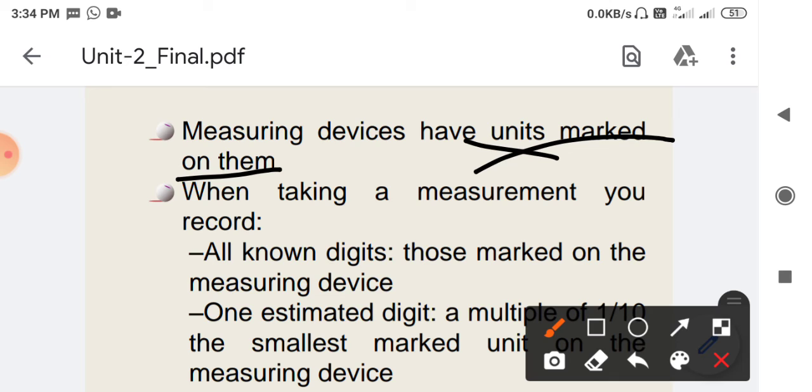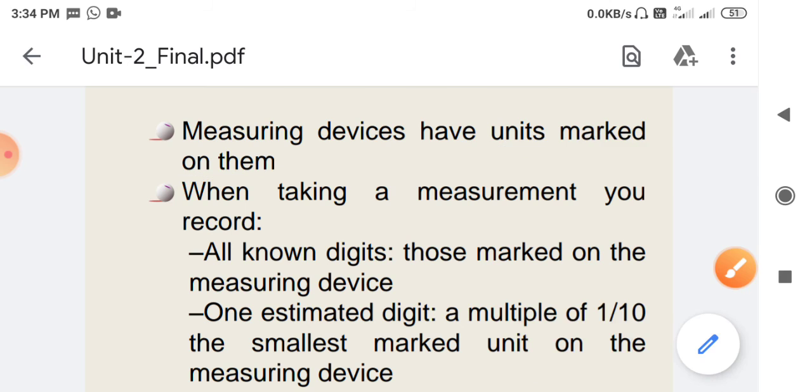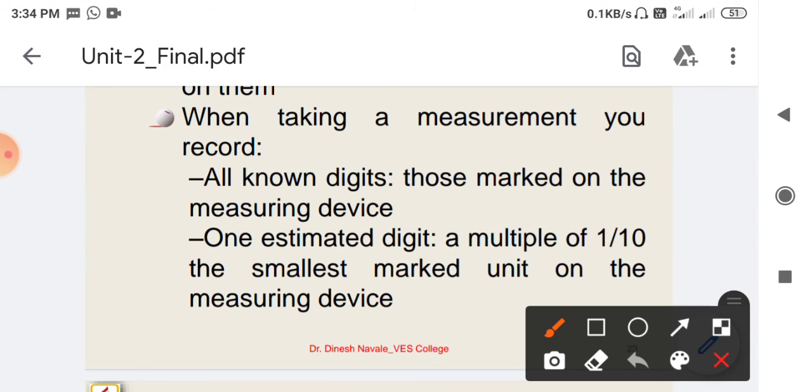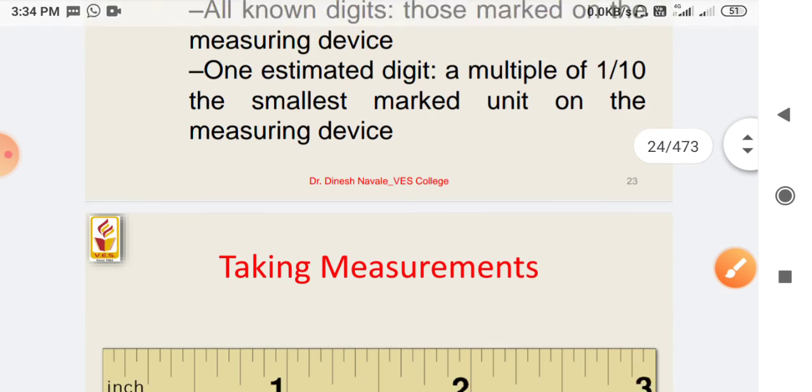When taking measurements, we have to take all the known digits that are visible on the given instrument, plus one estimated digit, which is a multiple of 1/10 of the smallest mark unit on the measuring device.